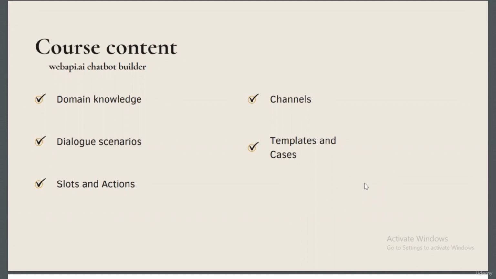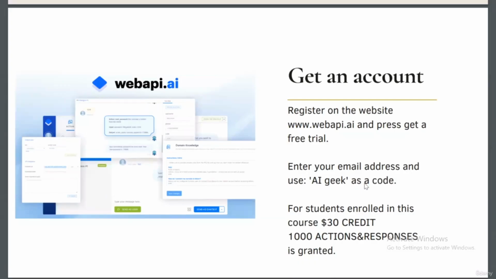Slots and actions is about how to integrate the company's API, if you have any, into our service. Then channels of communication such as Facebook Messenger, web widget, and so on will also be shown. And lastly, we're going to practice, practice, and practice, and show our templates and cases.